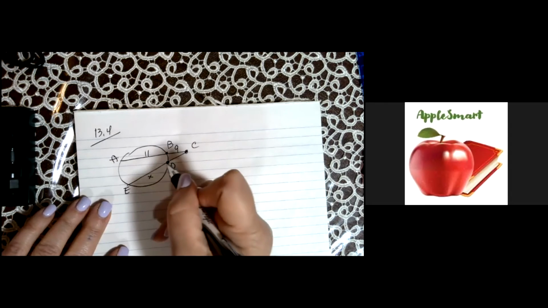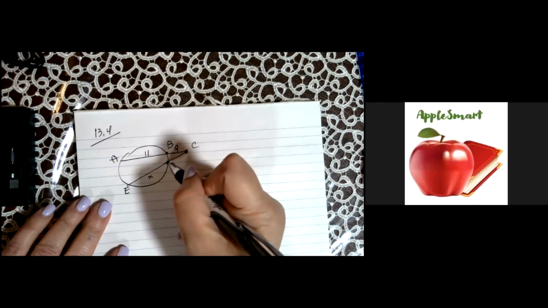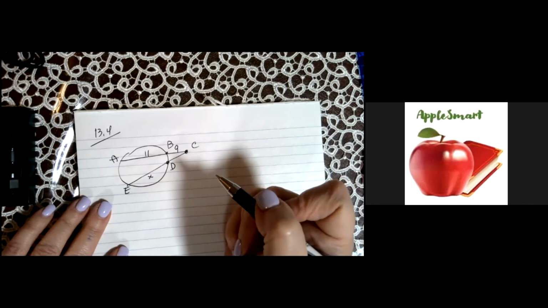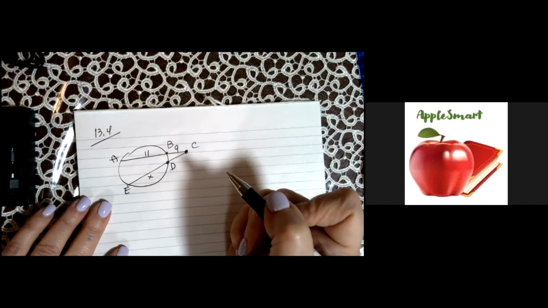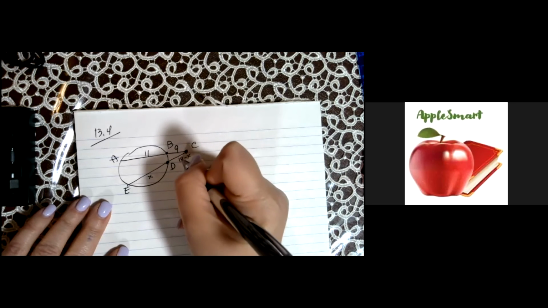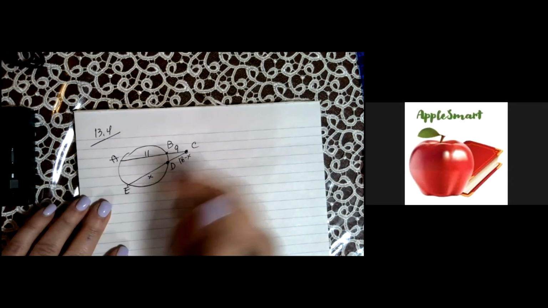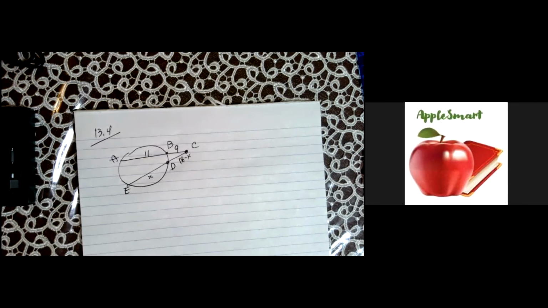If I said ED is X, CE is 18, can you give me an expression for DC, please? That would be 18 minus X, because it's the whole thing minus X. So that's it. We have to find X. So what can we say?